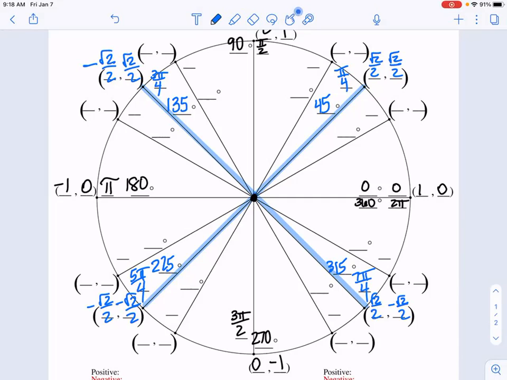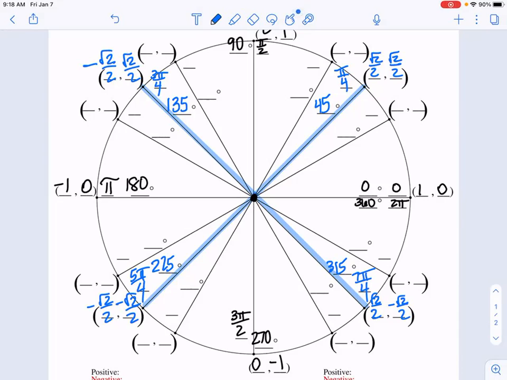So this is nice. I have 4 coordinates with radical 2 over 2s. We just change some negatives and positives, right? What's true about all of the radian measures for those four angles? They all have something pi over 4. That's nice.